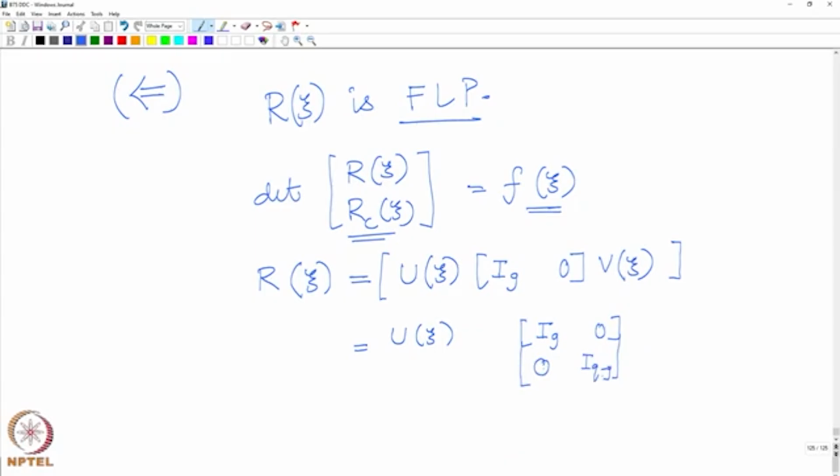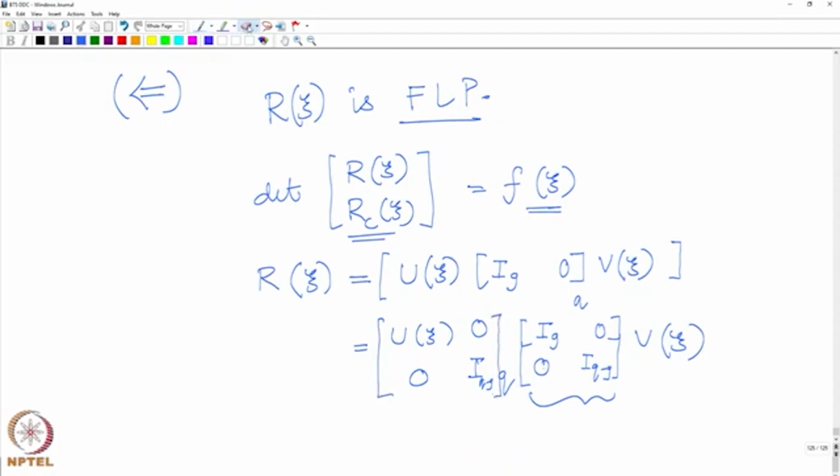So then this will be a square q by q matrix. Multiplying V xi is okay. Multiplying U xi of course is not possible, so I add these q minus g size identity blocks and pad it like this.